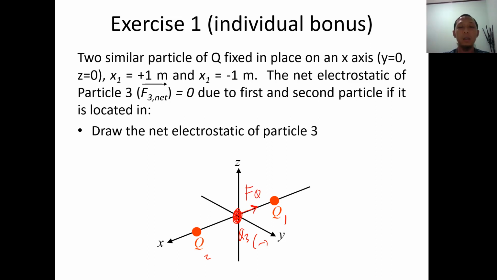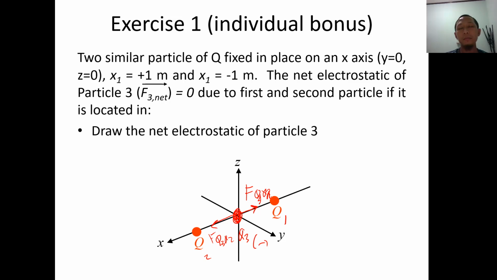F Q3 Q1 and here is F Q3 Q2. I made a mistake here. So this is F Q3 Q1 because the first we have two states of the location. So F Q3 Q1 is equal to F Q3 Q2 and the amount is similar.